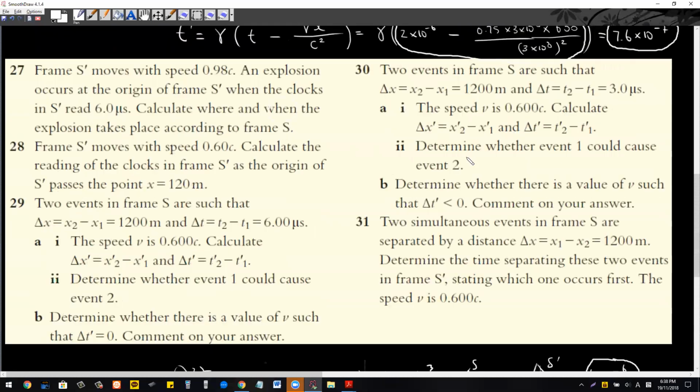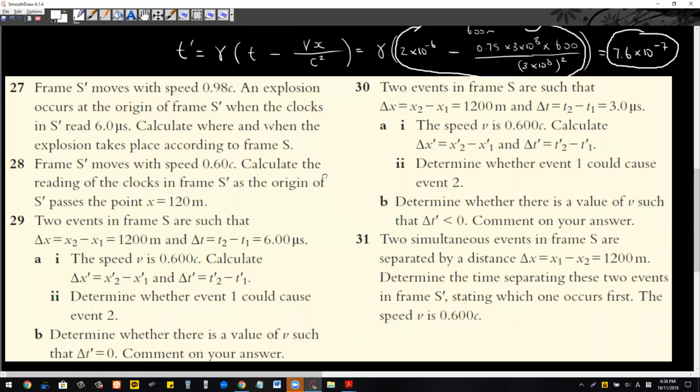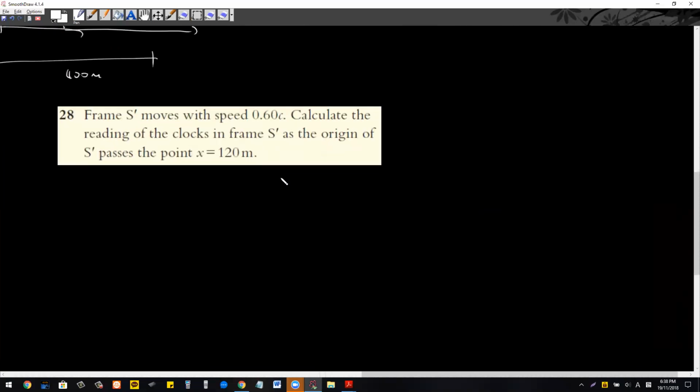Now, we're going to move on to 28. So frame S dash moves with a speed of this much. Calculate the reading on the clocks in frame S dash as the origin of S dash passes the point 120.